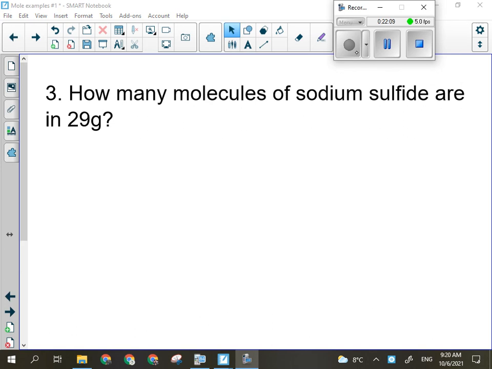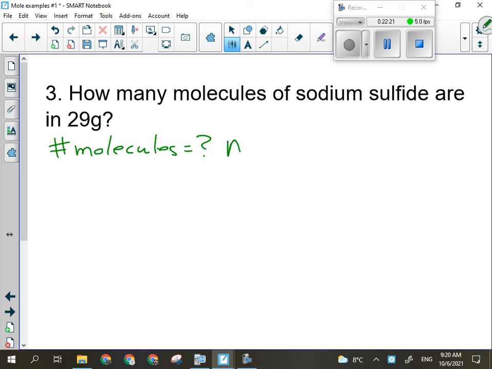Okay, so on number 3, we're looking for the number of molecules. So this one's going to involve that extra step using Avogadro's number. If I want to find the number of molecules, I'm going to have to take Avogadro's number and multiply it by the number of moles. So somehow I have to get the number of moles from the information this question gives me.